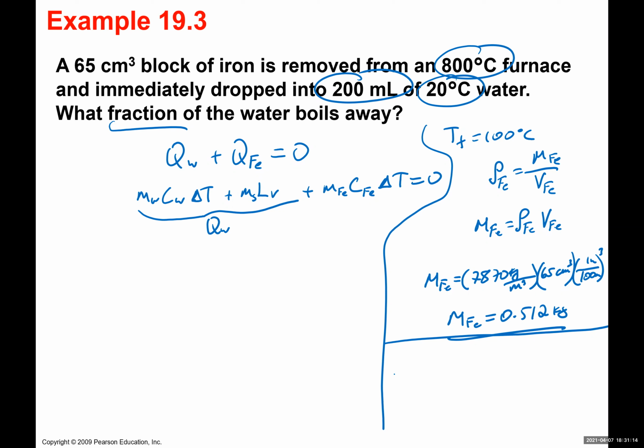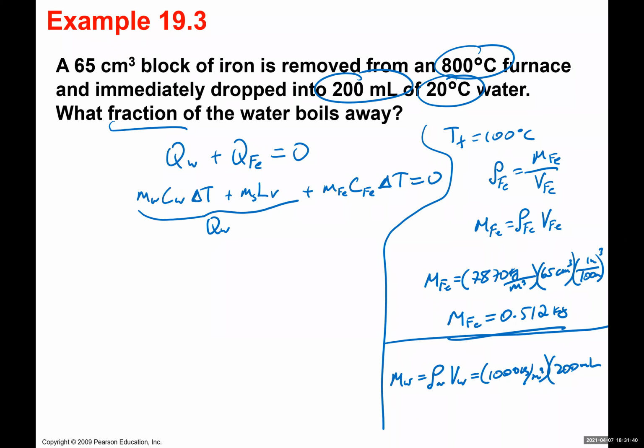So I have mass of water is equal to density of water times the volume of water, because 200 milliliters is just volume. So it's 1,000 kilograms per cubic meter, and then we have 200 milliliters.